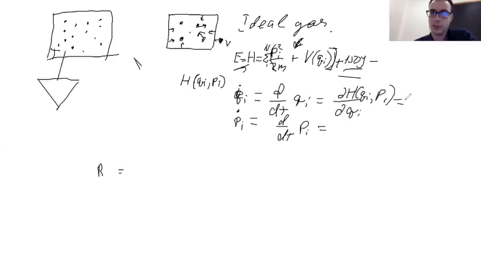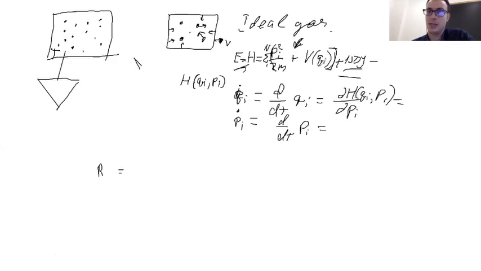That is the form: dqi over dt equals partial H over partial pi.